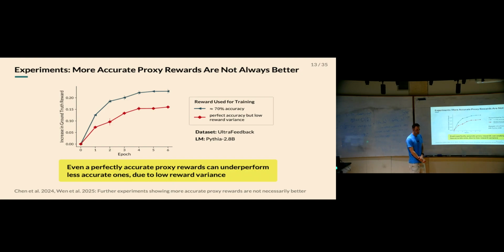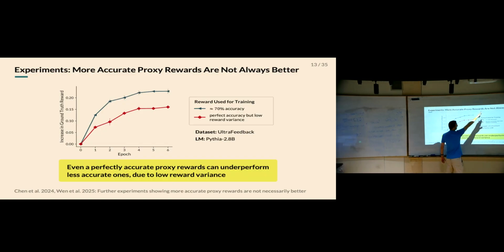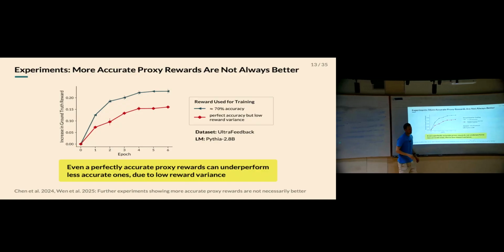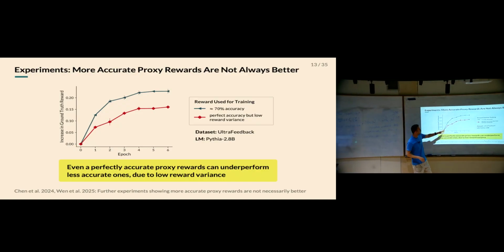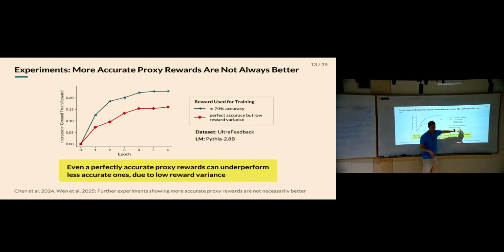For the perfectly accurate model, your argument was that it will converge much slower, right? Yeah. Here it almost seems like it converged to a worse solution. Right, so it depends on how long you run this. We have other experiments with smaller models. In the end, if you run it for infinite time, it will be better. So it depends on the regime. Usually, if you're less accurate, you will saturate sooner, and if you train for a very long time, you may even cause reward hacking.